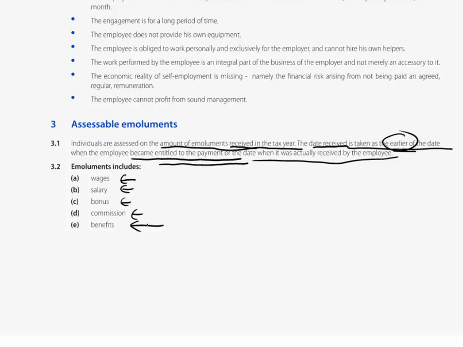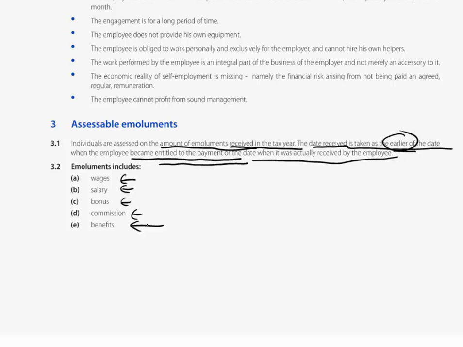There's various other benefits that may be provided to you by the employer. For example, you might be provided with the use of a company car, and the running expenses, including the fuel, are paid for also by the employer. You may benefit from a company house, a property. Living accommodation is provided to you, an apartment, flat, house, whatever it might be.